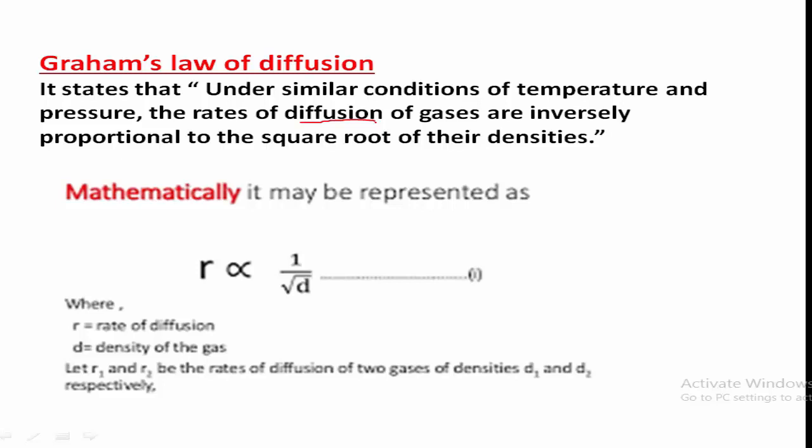The rate of diffusion, or speed of diffusion, of gases is inversely proportional to the square root of their densities. This means as density increases, rate of diffusion decreases, and if density decreases, rate of diffusion increases. Here R is the rate of diffusion and D is the density of the gas.